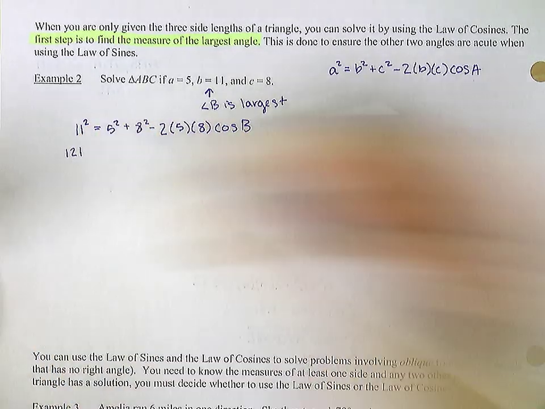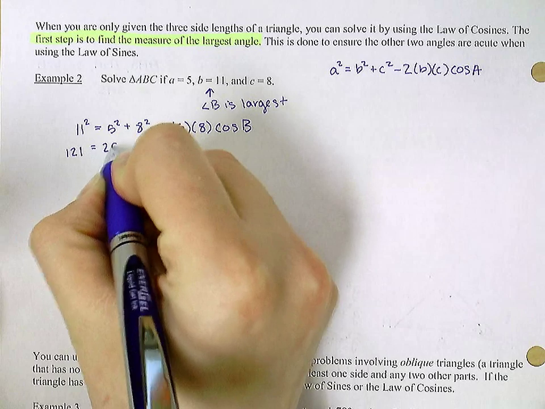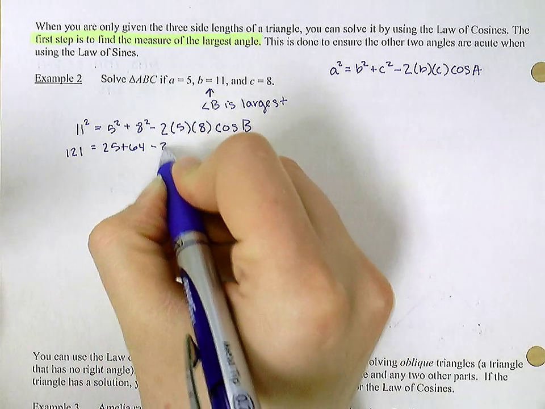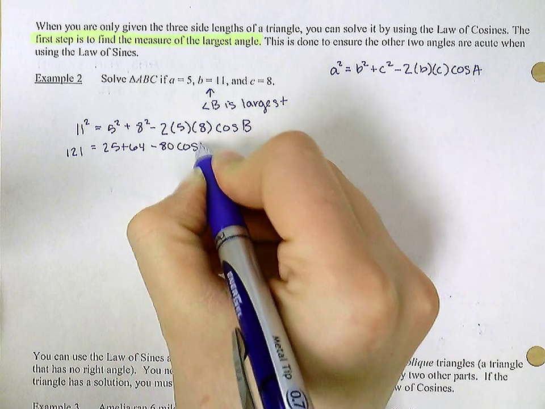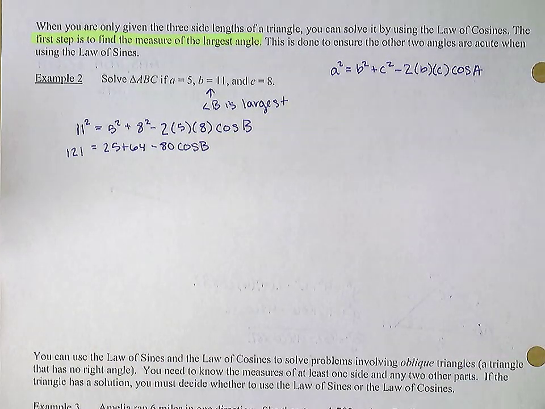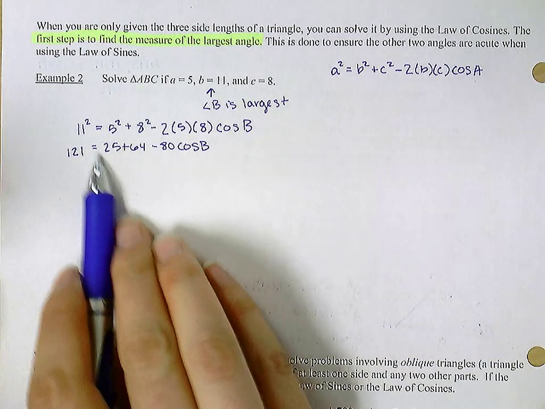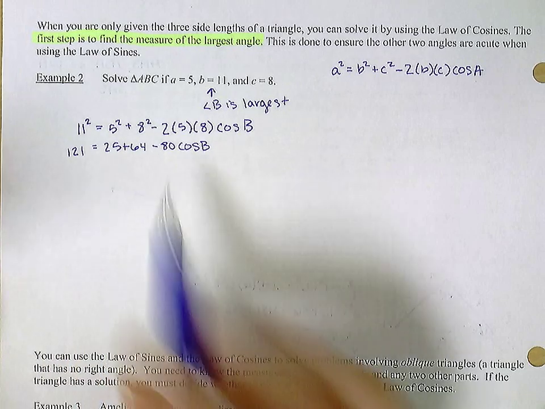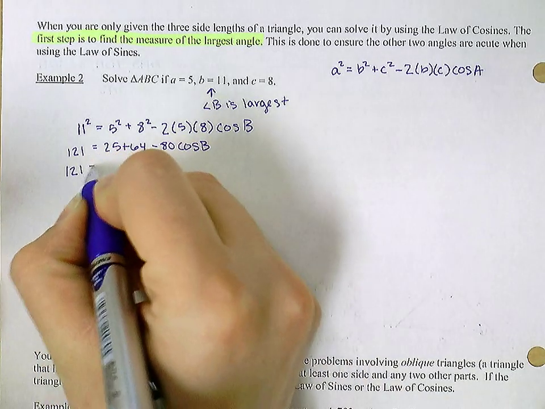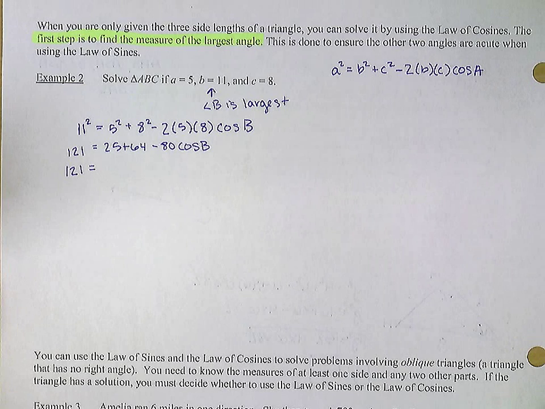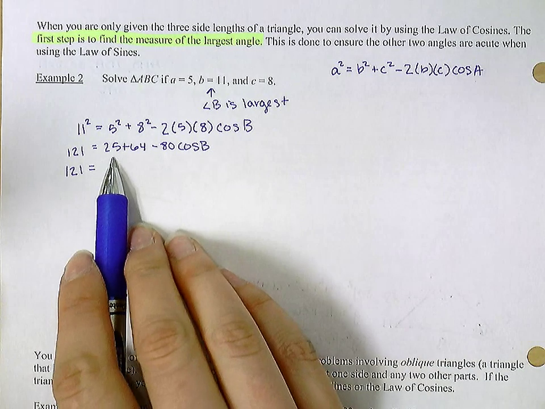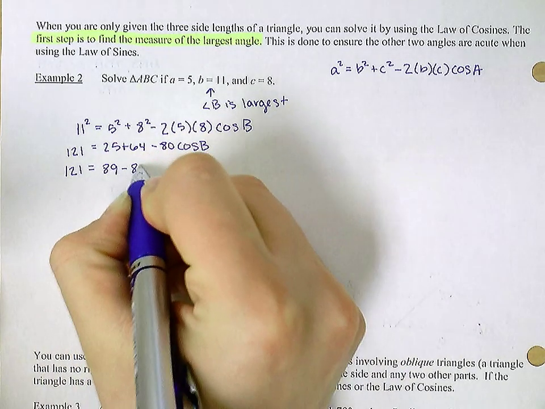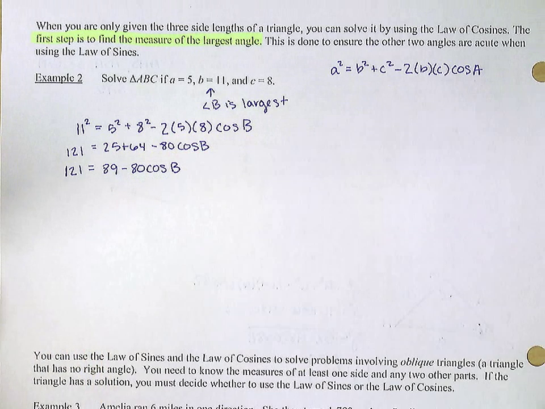So I have 121 equals 25 plus 64, minus 80 cosine of B. Okay, again, I can add these two together, but don't subtract 80 from it because that 80 is attached to the cosine. So I have 25 plus 64, that's 89, minus 80 cosine of B.